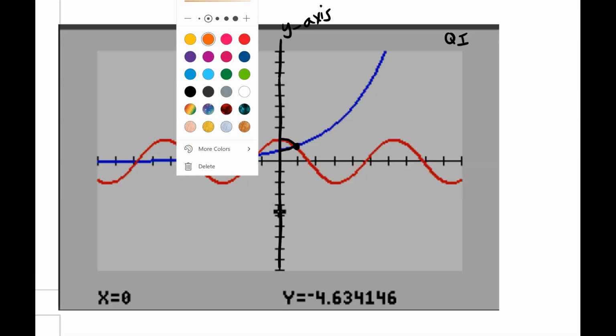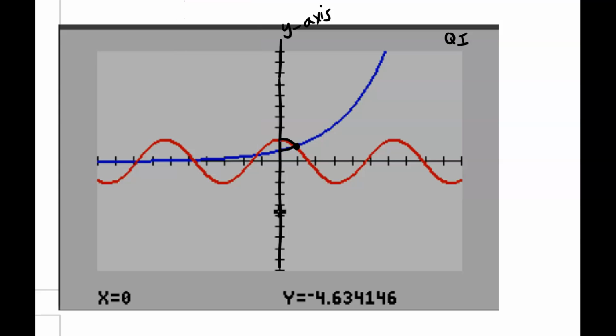So if I'm kind of keeping track of what I'm going to need to figure out in the calculator, I know my A value is 0. I'm going to need to figure out what my B value is. I know my top curve is going to be the cosine curve, and my bottom is going to be the exponential, because the region that I'm looking at is this little region right here.